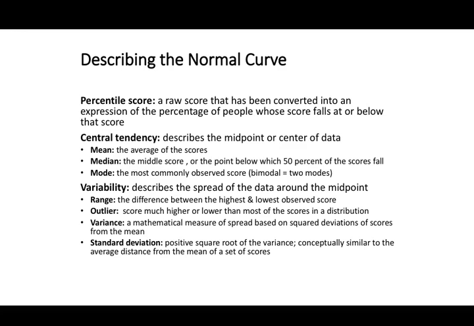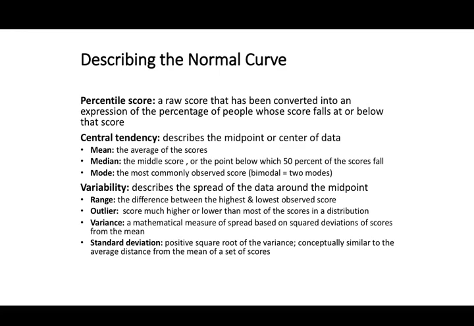The central tendency, you should all be familiar with these: mean, median, and mode. Mode is the most commonly observed score. Mean and median are very similar, except that sometimes they are a little different, and that has a lot to do with whether the curve follows a bell shape or is skewed to the left or skewed to the right, meaning that it's bunched up, not centered and symmetrical, but errs to the left or to the right in how it's distributed.